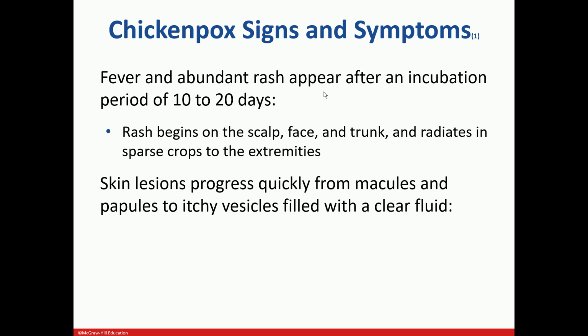The skin lesions progress quickly from macules and papules to itchy vesicles filled with a clear fluid. First they are macules and papules, just the way we discussed in other diseases like measles. They are all maculopapular rashes, which means they're dry rashes and they're little raised rashes. These skin lesions progress through all these stages and eventually become vesicles which are filled with some fluid.